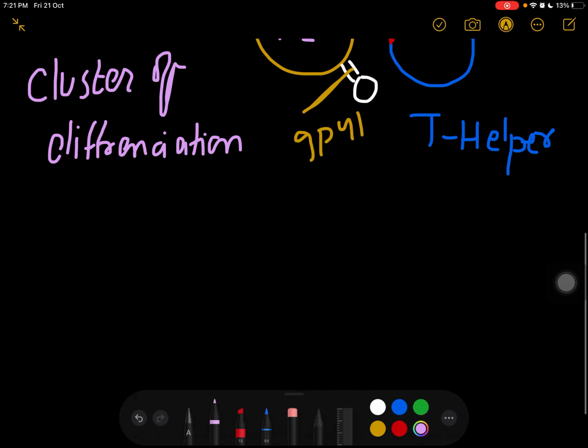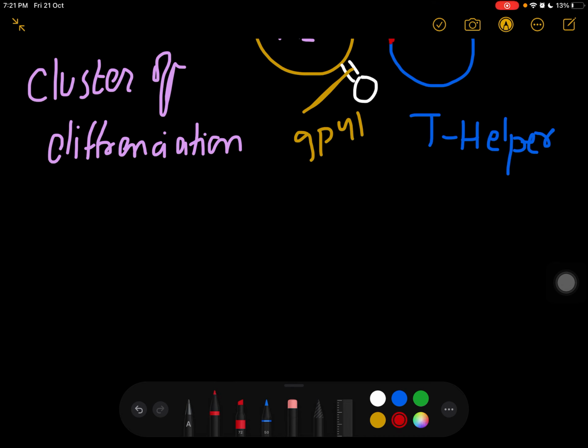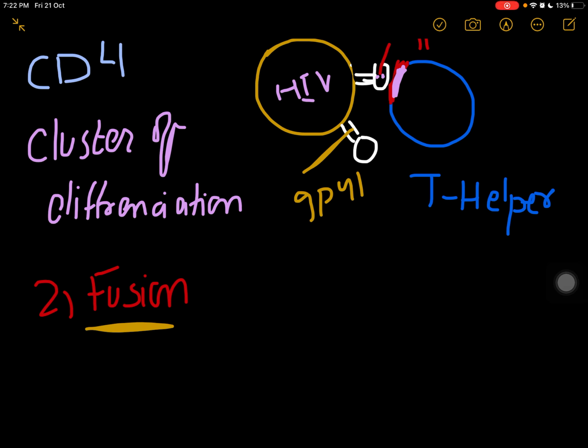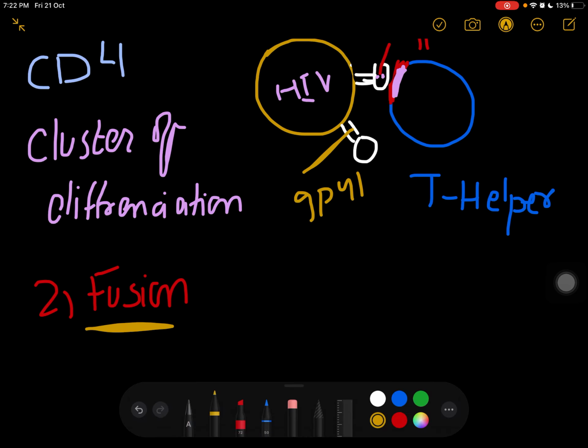Now let's talk about the second step, which is fusion. As you can see, the GP120 has read the CD4 and identified it. Now this HIV virus will enter this T helper cell.